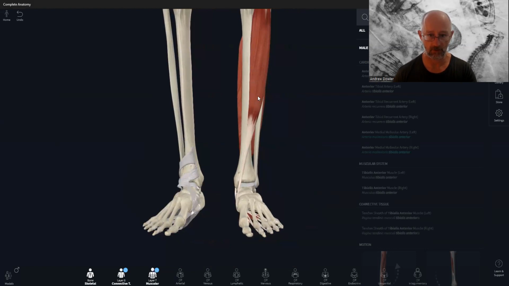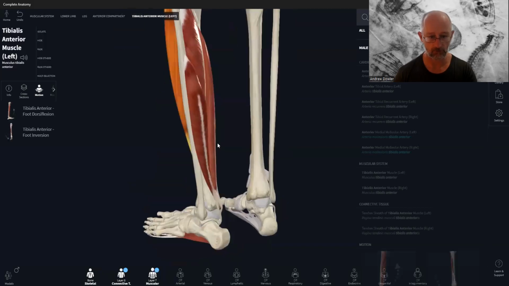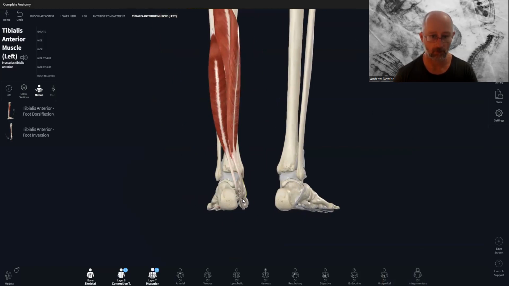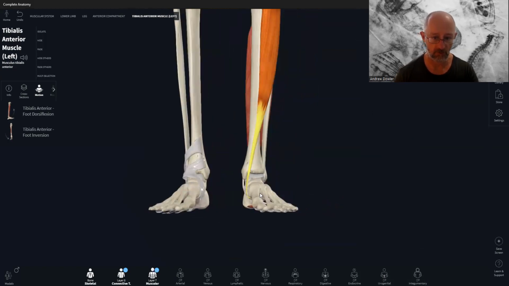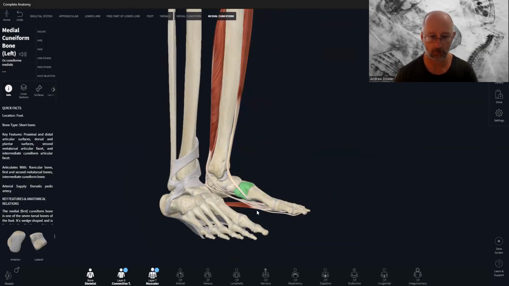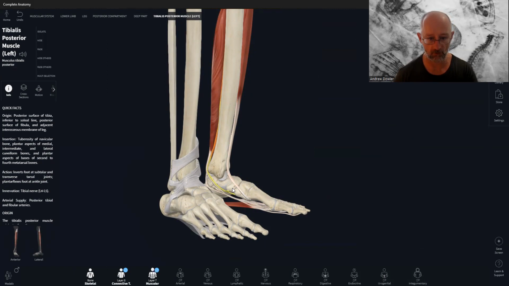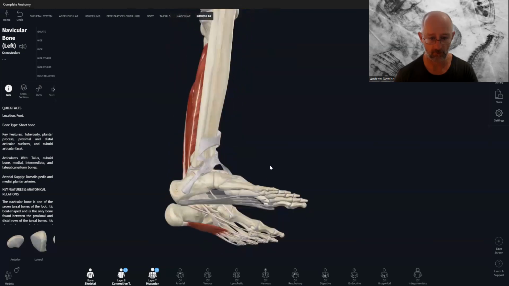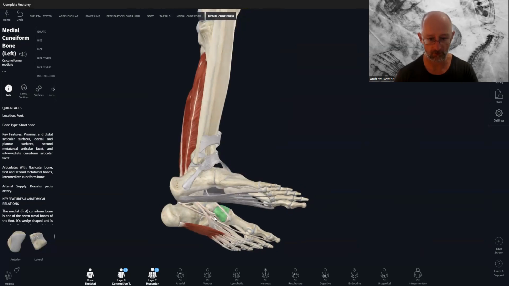Back at tib anterior, we can see now that we've got the tib anterior essentially coming down onto our first metatarsal and medial cuneiform, and then we have our tibialis posterior attaching to our navicular here, and then under it, our medial cuneiform, and then into the plantar fascia itself.